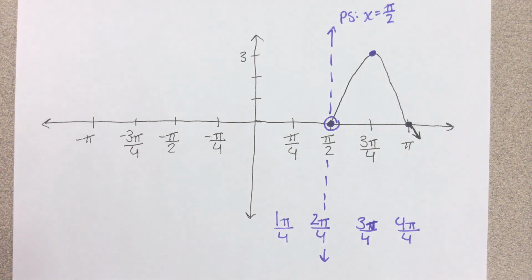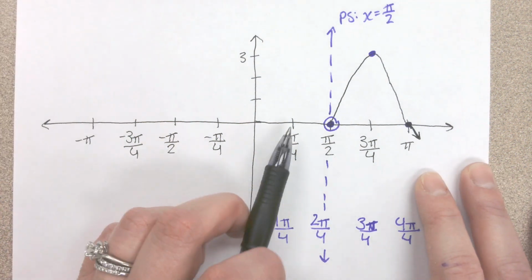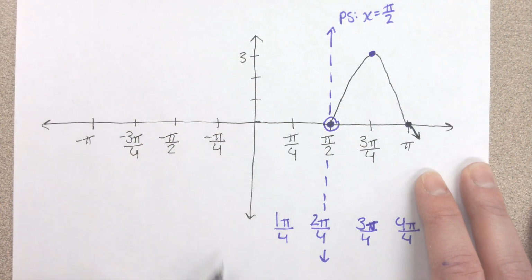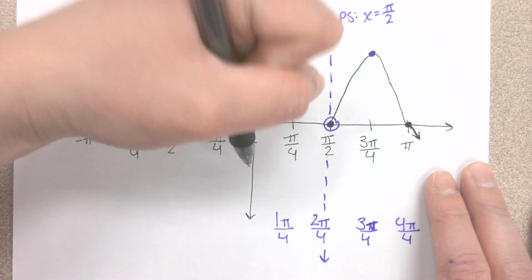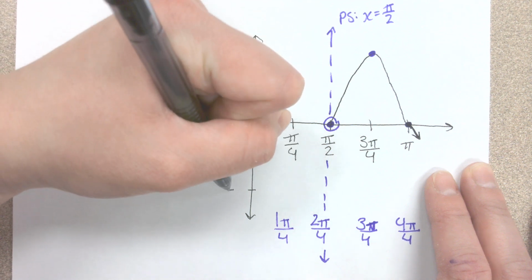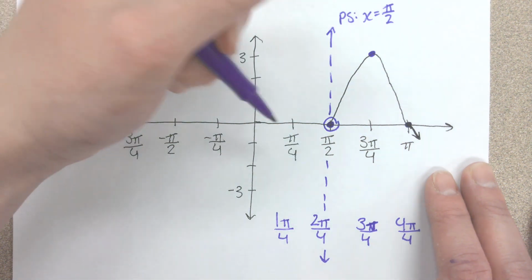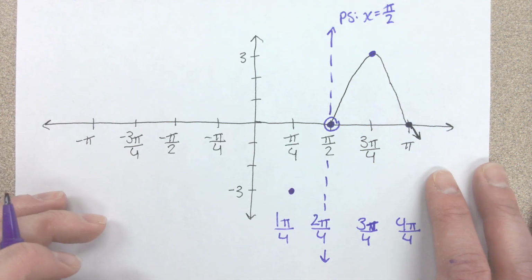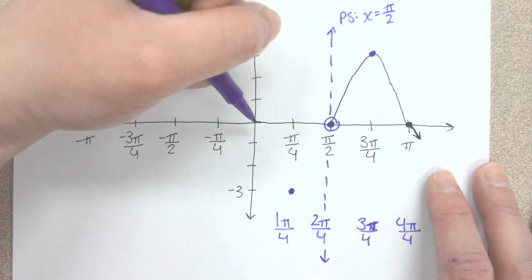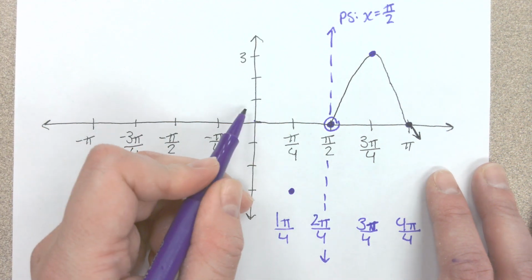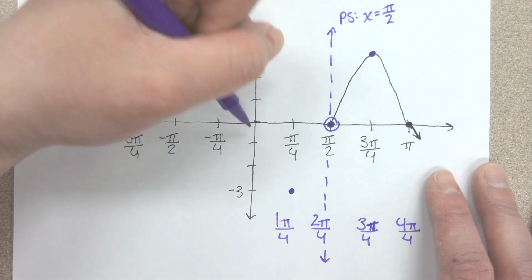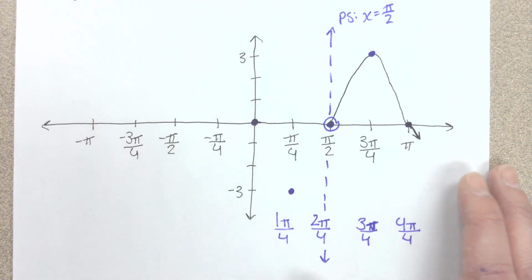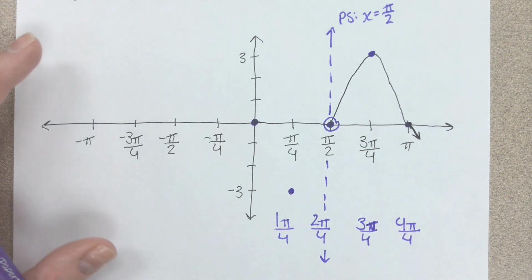Now going backwards, the next point to the left is going to be the minimum, so I'm going to go down 3 for my minimum. Midline for the next interval, don't skip the 0 and go to the next notch. I have plenty of students who do that, especially on the test. 0 is still its own interval.